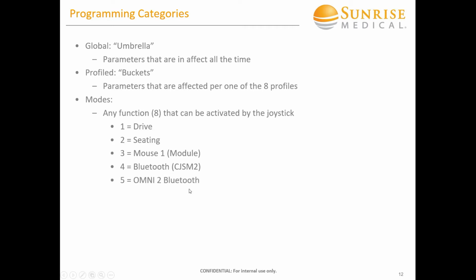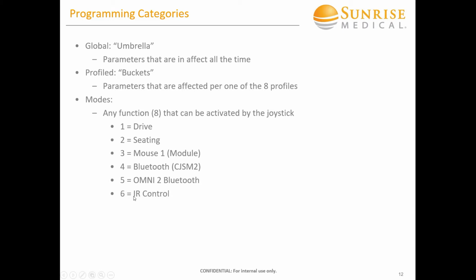Also, we have an additional 4 that are available in the Omni 2, and so it has its own mode as well. So in each of those modes, you have 4 selections for 4 different devices. You can actually have 8 Bluetooth connectivities if you had both of those on the same system. Because they are different, they have 2 separate modes, and so those are modes 4 and 5.